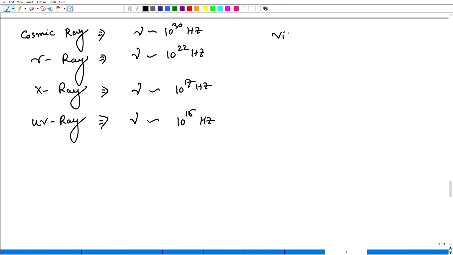Next, visible range. The frequency is around 10 to the power 14 hertz, okay, and microwaves.